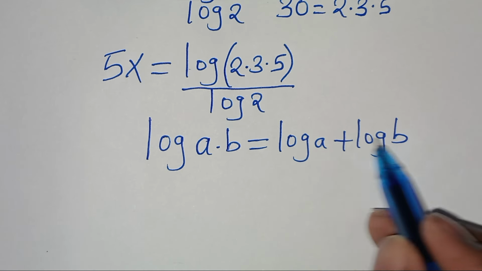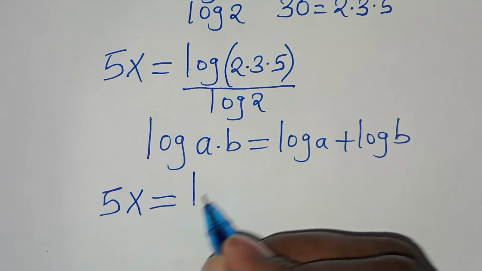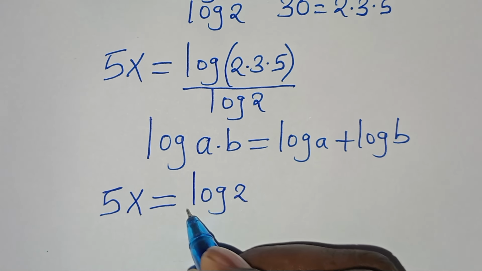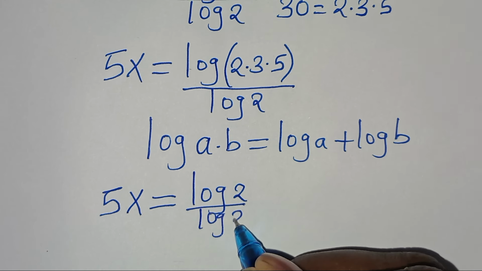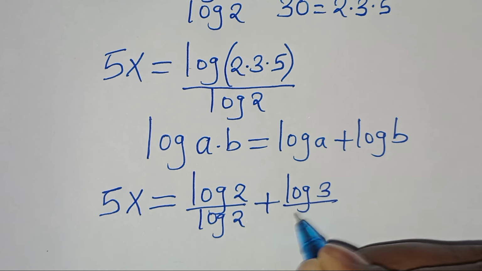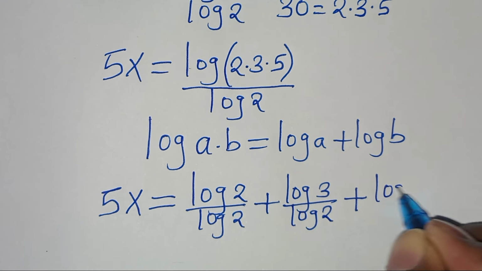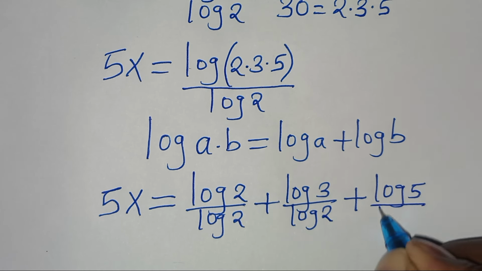Applying this logarithm property, then we have that 5x, this is equal to log 2 divided by log 2, then plus log 3 divided by log 2, then plus log 5 divided by log 2.